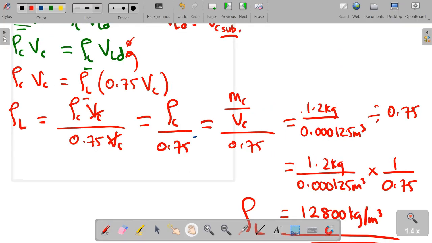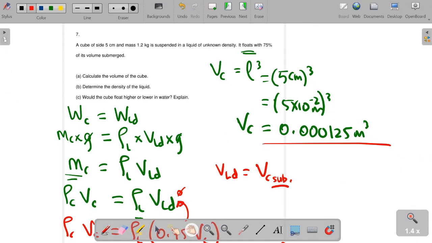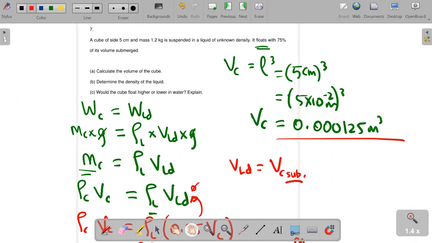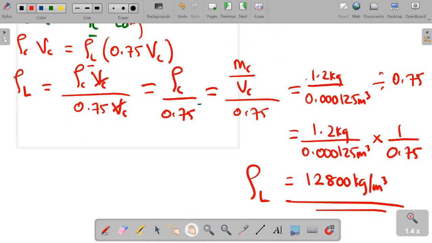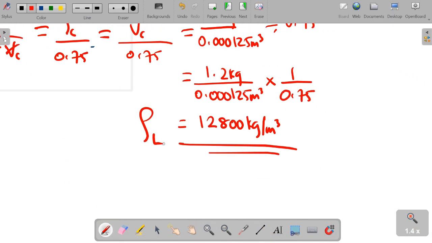Now, the question that we have here is: would the cube float higher or lower in water? If you look at this liquid, it has a density of about 12,000, and water has a density of 1,000.